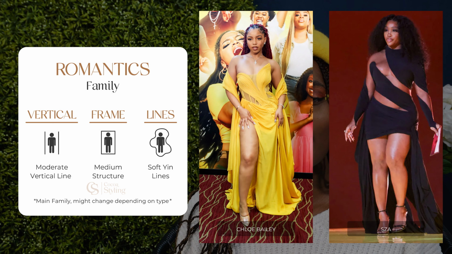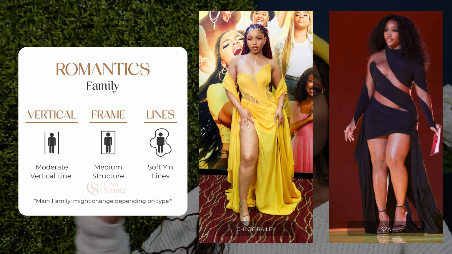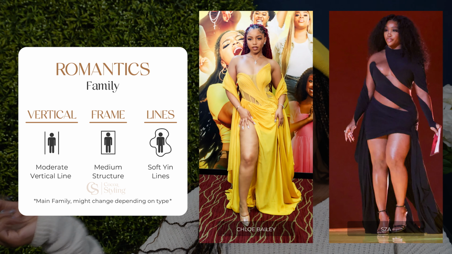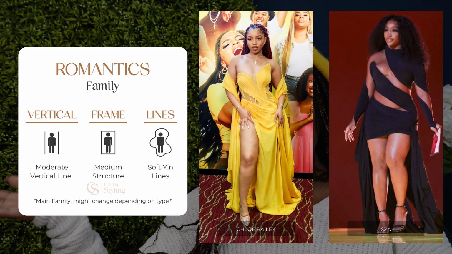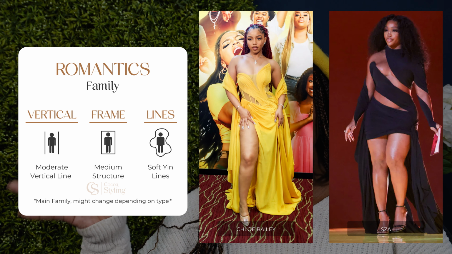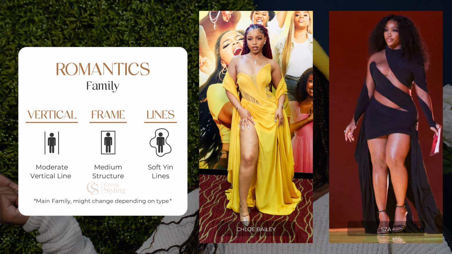First we have frame, and frame is your bone structure. That would be about how narrow or wide you are. Your frame size is basically the main feature that determines how much your body can handle in terms of visual weight. In the case of romantics, the frame size depends on the specific subtype they are, because they can be narrow, they can have a regular frame, or they can be slightly wide.